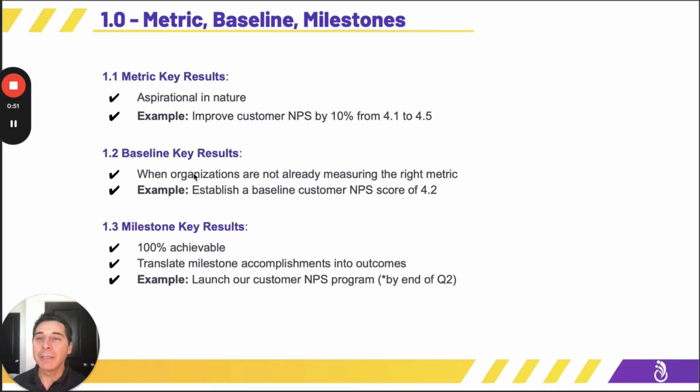In terms of baseline key results, typically these are key results that organizations need when there isn't a metric that currently exists. We see this quite a bit with startups and MVPs, anytime we're doing something new that we haven't done before. In this case, we have an example: establish a baseline customer NPS score of 4.2. You say, how can we hit a 4.2 when we don't know what our baseline is? That's a great question.